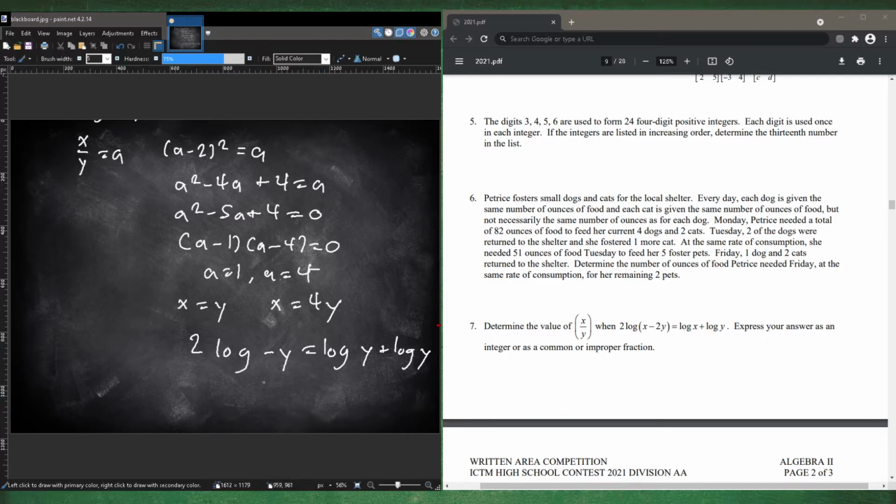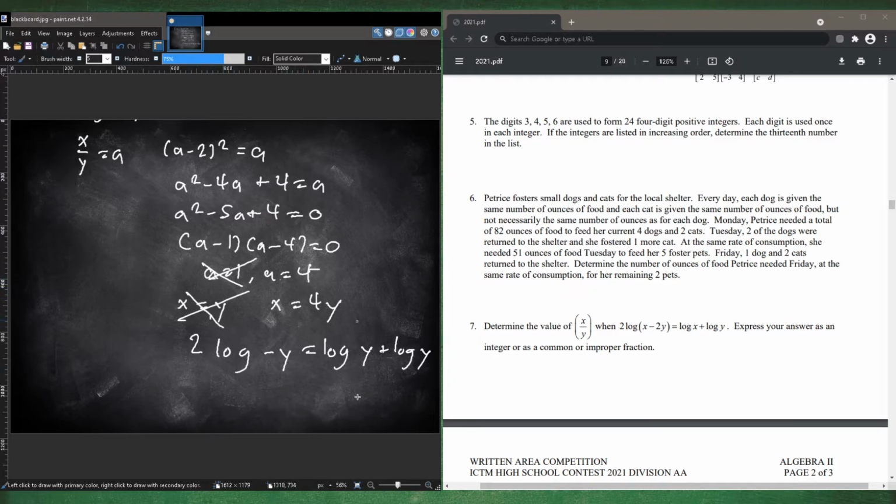But the reason it works is because negative y squared equals y squared, and then log y plus log y is y squared. That's the reason why it works. But it sometimes might not work because this is negative and these are positive. So one of them is not going to be possible. That means a equals 1 cannot work.